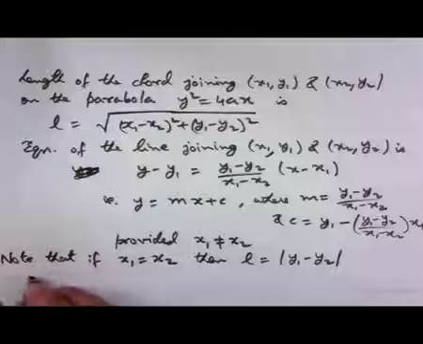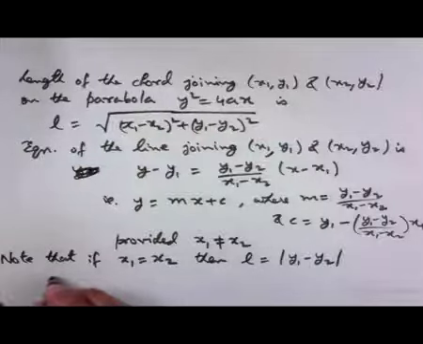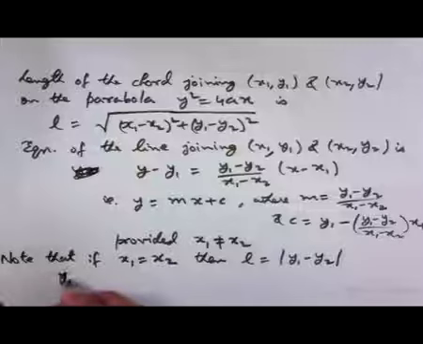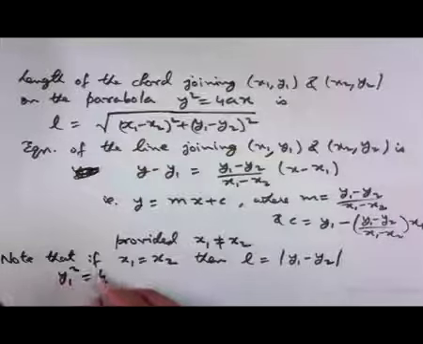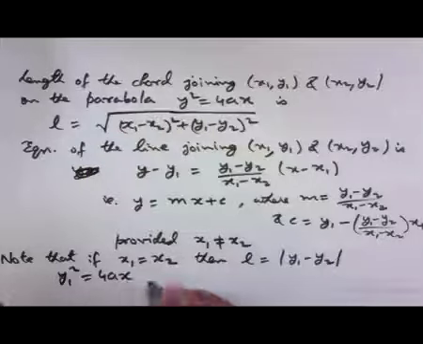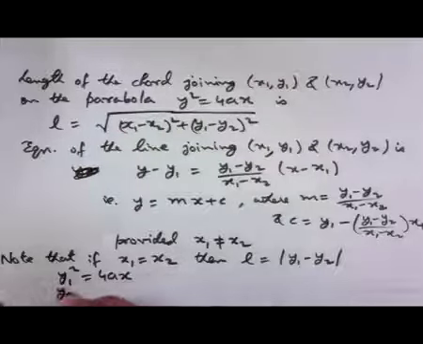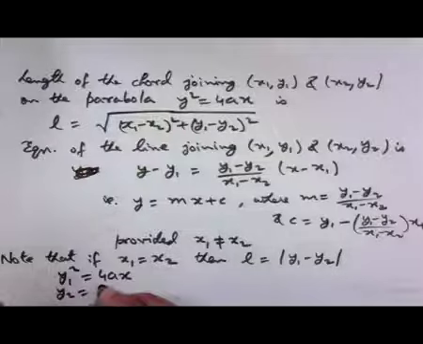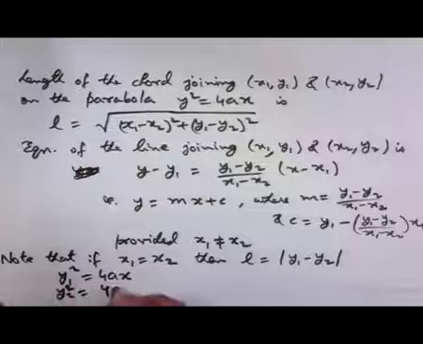and since we have y 1 square equal to 4 a x 1, let us call it x, and y 2 square is also 4 a x.